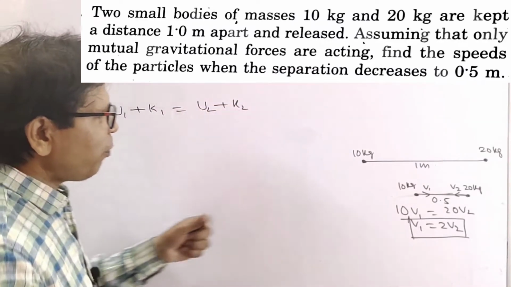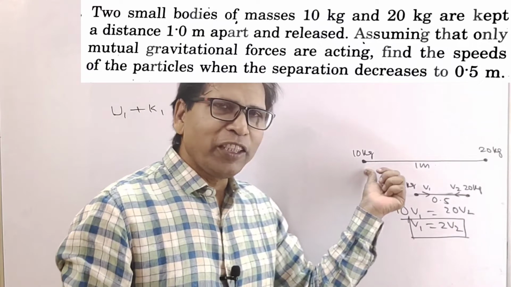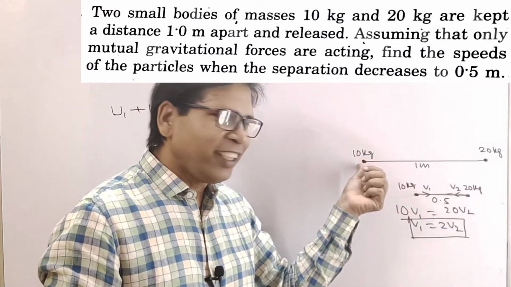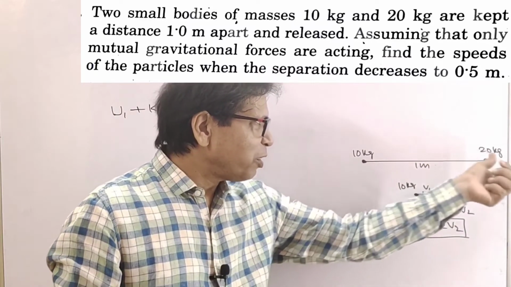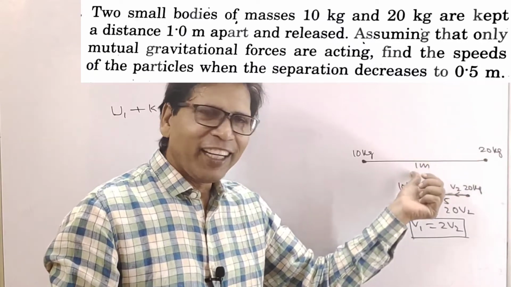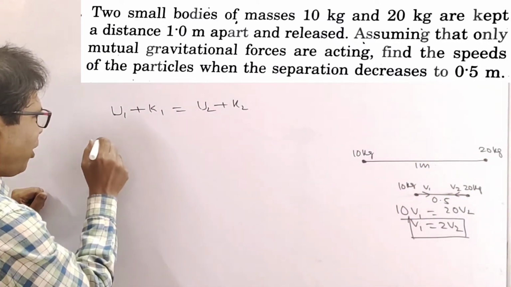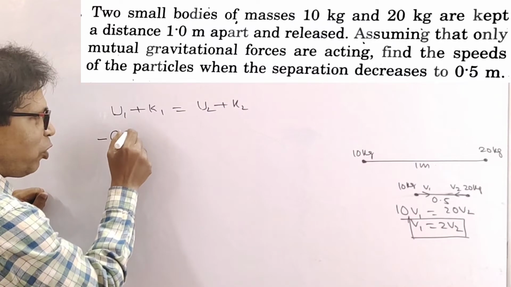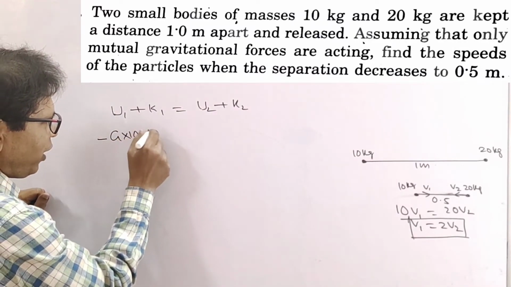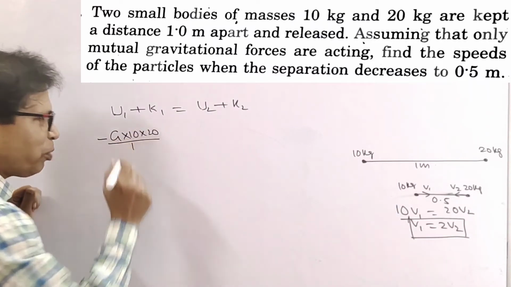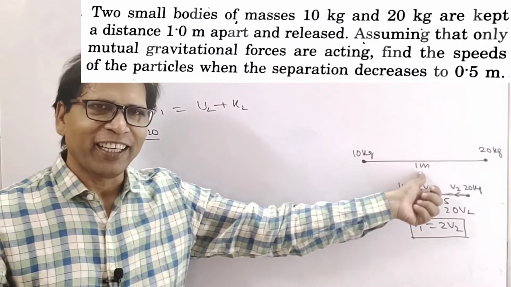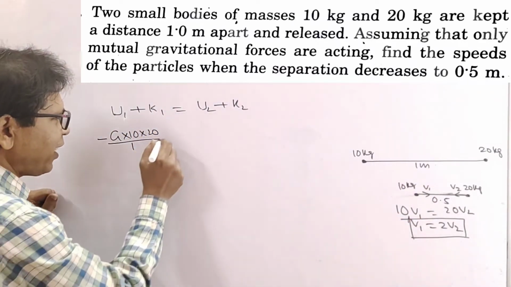Look at this, the potential energy between these two bodies is minus G capital M small m by R. So this is minus G into 10 into 20 divided by the distance of separation, that is 1 meter.